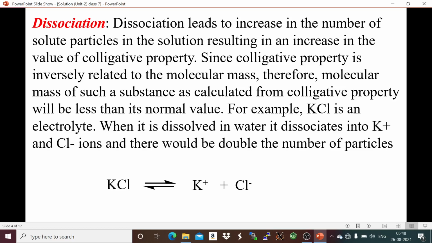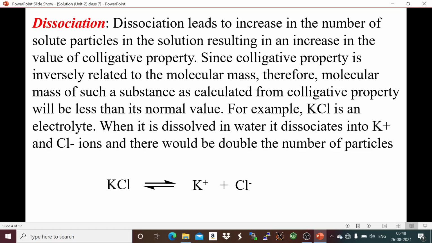So when we dissolve an electrolyte in water, the number of particles increases, which means the colligative property value increases.